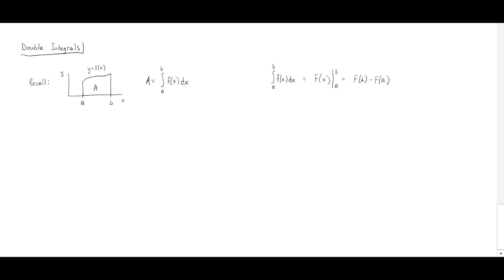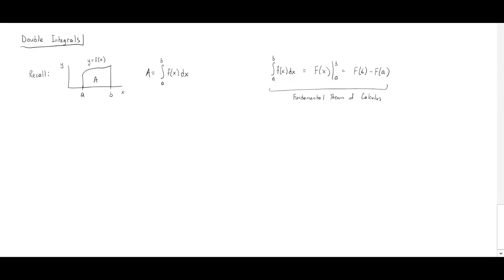Okay. So the integral is supposed to be the area, and this theorem tells us that we can calculate the area, or this integral, by doing this. All right. So there's something similar now.